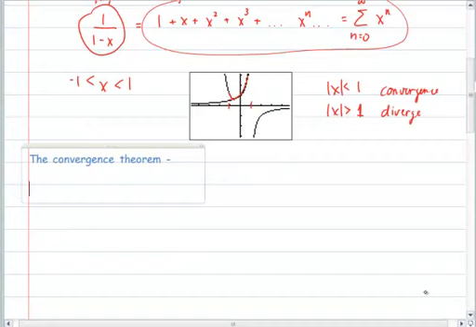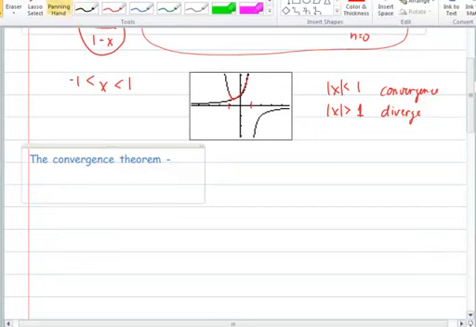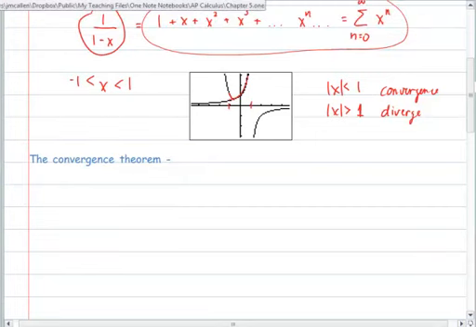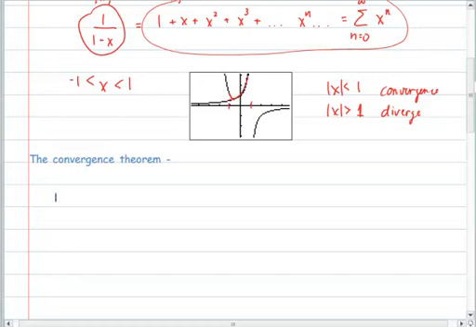This leads us to our next point: what the convergence theorem actually is. It tells us the three things that can happen when we're checking for convergence. Let's write down our general form for a series, which would be the sum of an infinite number of terms from 0 to infinity.